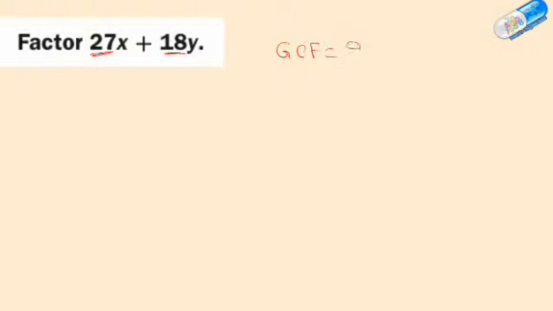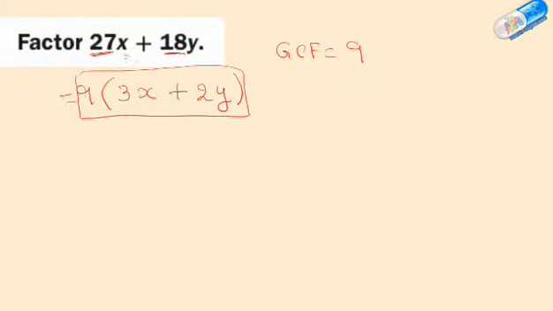Yes, it's 9, because 9 times 2 is 18 and 9 times 3 is 27. So I will get out 9 outside the bracket, and I divide the terms by 9 to put inside the bracket. 27 divided by 9 is 3, and of course don't forget the x, plus 18 divided by 9 is 2, and don't forget the y. So this is the simplest form or the factorization of this expression.